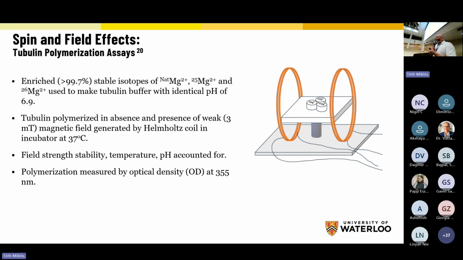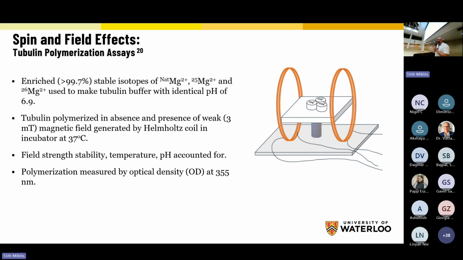Now, because tubulin is also very sensitive to things like pH, temperature, and so forth, we had to make sure that we were preparing everything the exact same. So my collaborator, Rob Smith in Florida, took painstaking care to make sure all of the buffer solutions were prepared in the exact same manner and had nearly identical isotope concentrations.